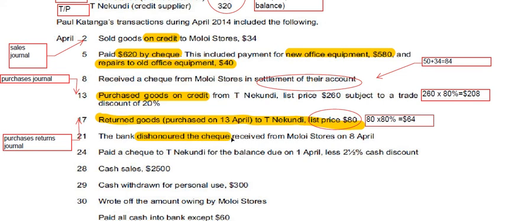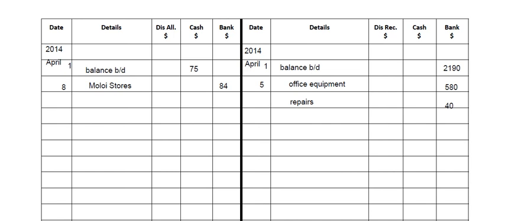So you have to read these 2 transactions together, so 8 and 21, that the check which was received on 8, which was $84, we showed the calculation for that 84, this check is now dishonored, which means this guy, Malui Stores, didn't have money in their account, so their check was dishonored, so this check has to be now cancelled from the cash book. So let's go down, and you see the check, when we received the check we had recorded it on the debit side, and now we're going to cancel it by putting it on the credit side, as if you didn't get the money.